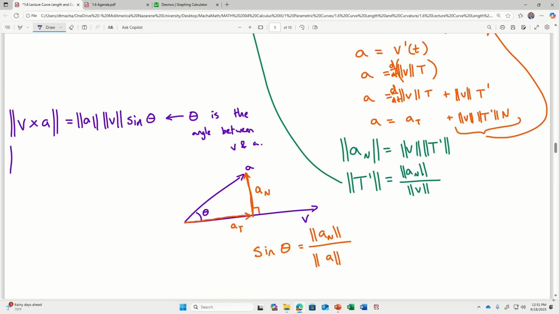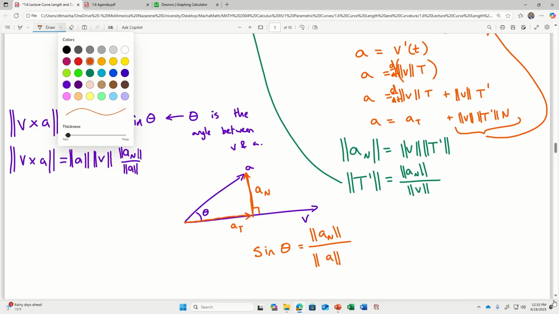So then, let's revisit my V cross A norm. And I'll write the norm of A times the norm of V. And instead of sine of theta, I'm going to write the normal component of acceleration divided by the norm of the acceleration. Like that. Ooh, and I see stuff canceling.